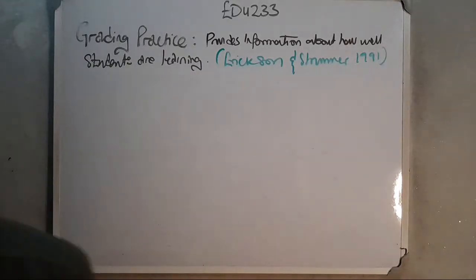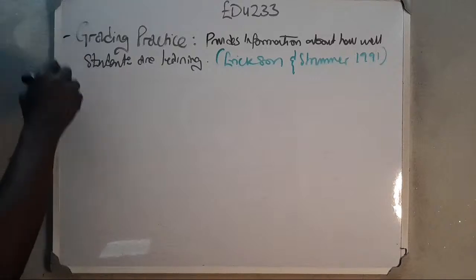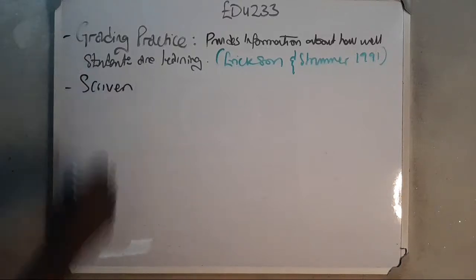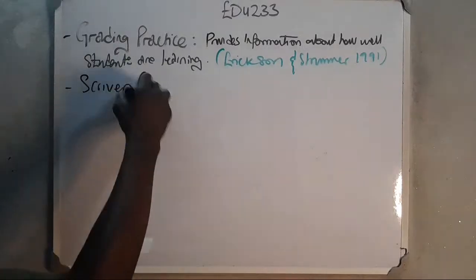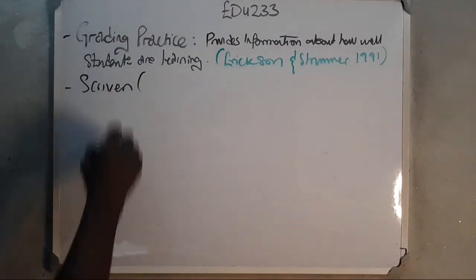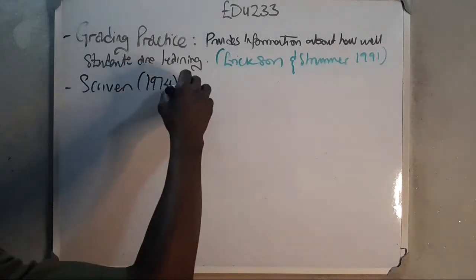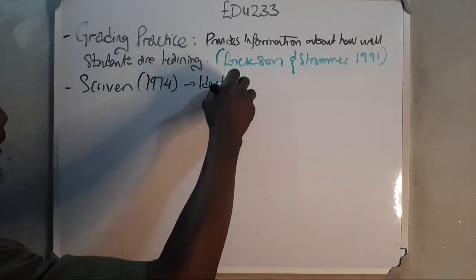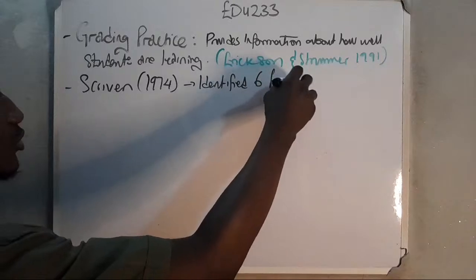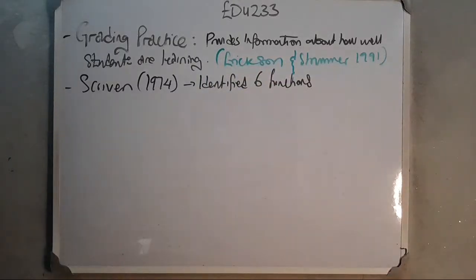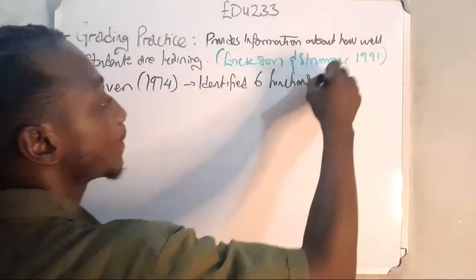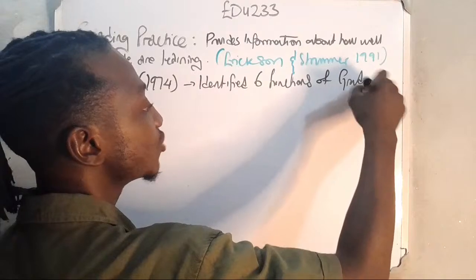Now let's look at the functions of the grading system. Scriven in 1974 identified six functions of grading.